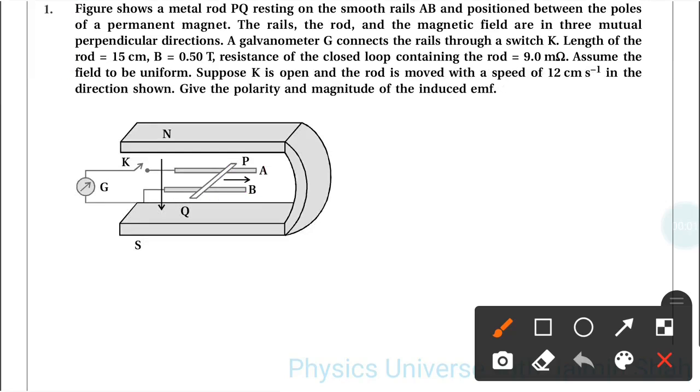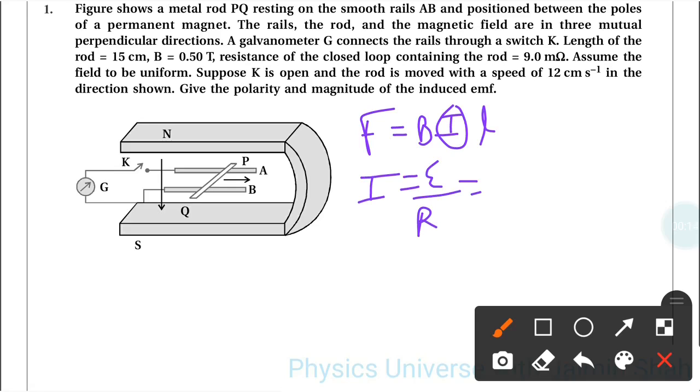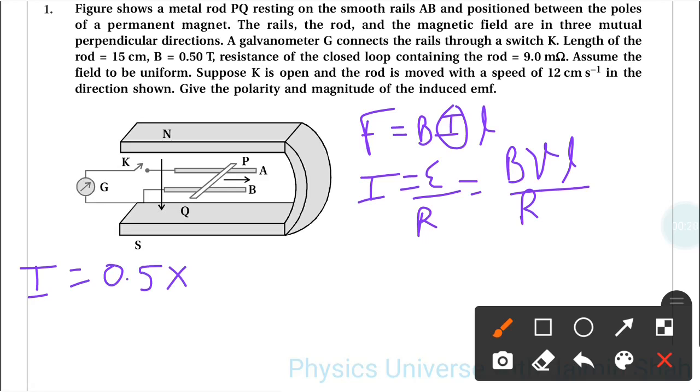Now we have to find the retarding force. Retarding force formula is F is equal to BIL. We don't have I here, so I is equal to E upon R. Now E is BVL, so I is equal to B 0.5, V that is 0.12, and L 0.15.